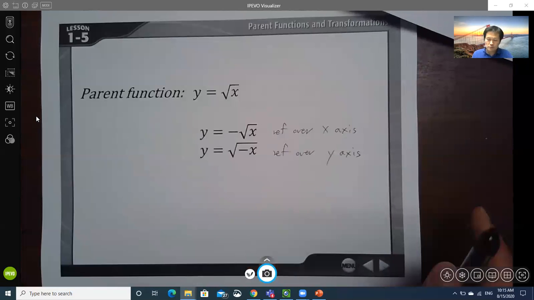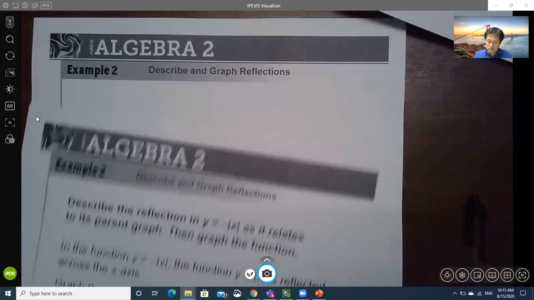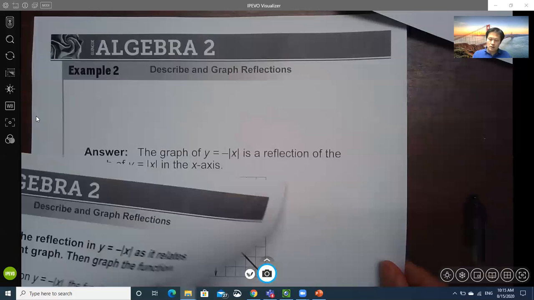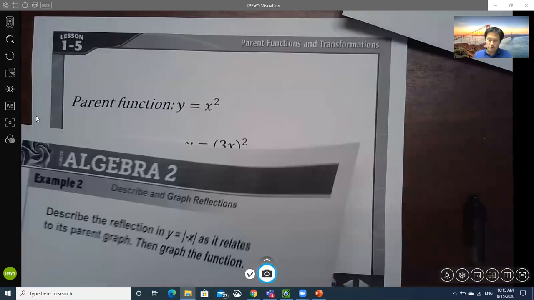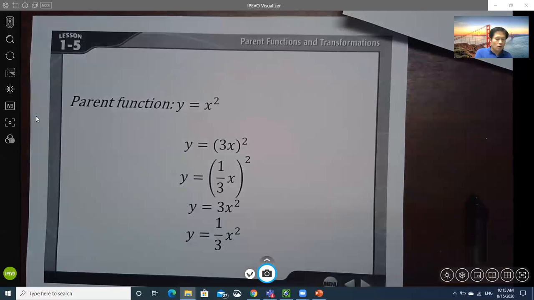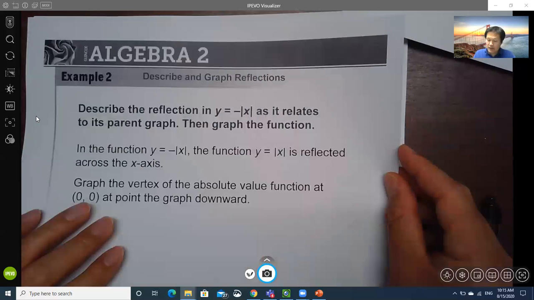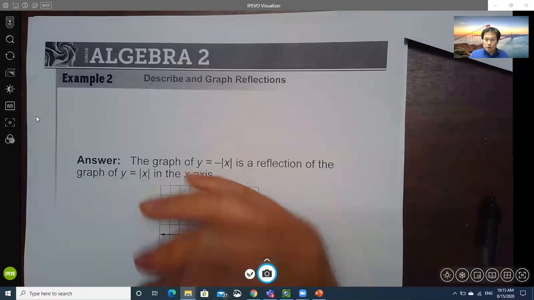Okay. We already did this, and we did this. Oh, the graph we didn't do, huh? Okay, so that was a reflection over the x-axis. We flip it, so the V shape is upside down.